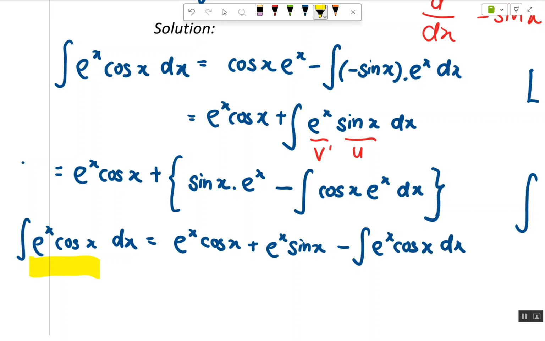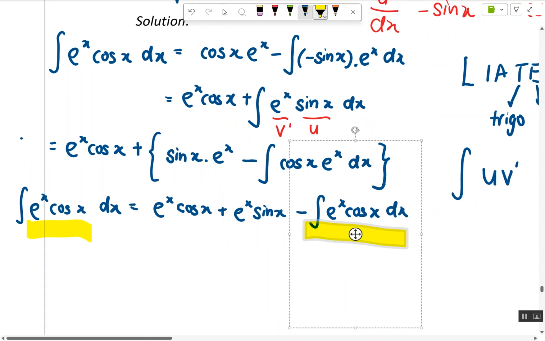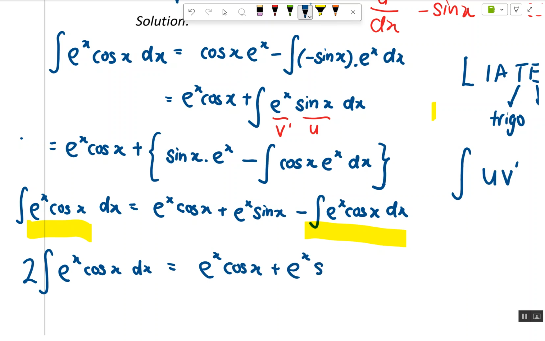Do you realize that this and this, they are the same? So I can bring it over to the left side. I can bring both yellow highlighted expressions to the left side. I'm going to get 2 times the integral of e to the power of x cosine x dx equals e power x cosine x plus e to the power of x sine x.